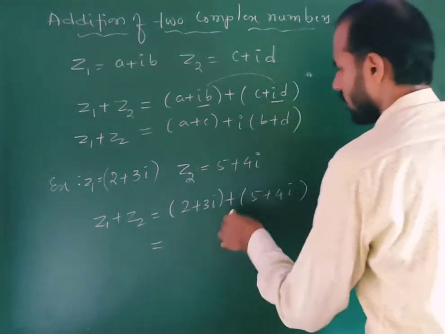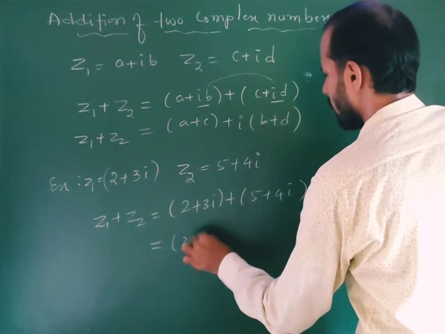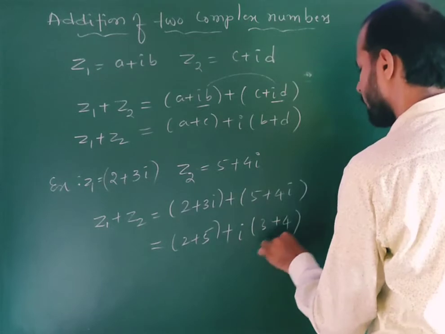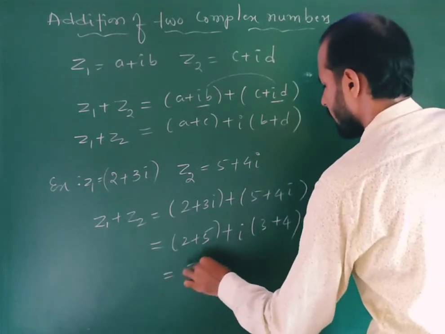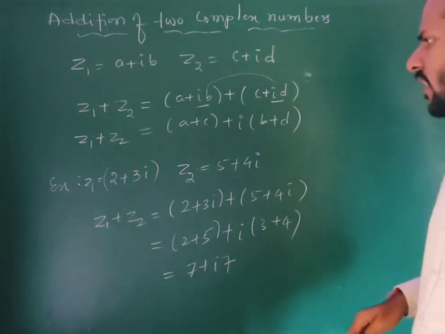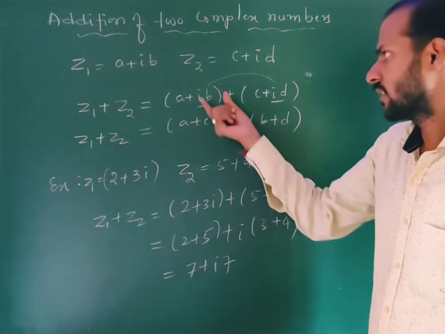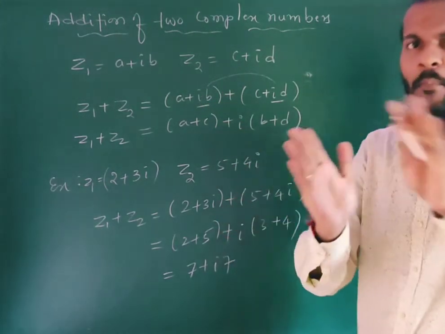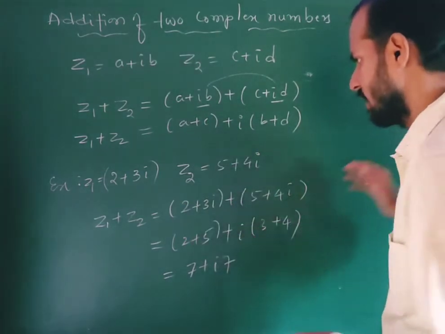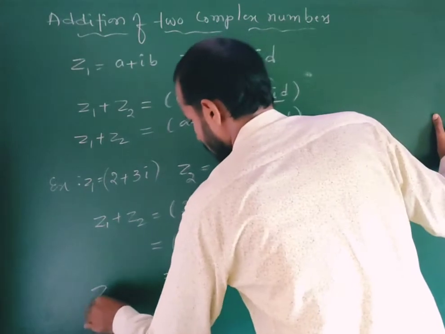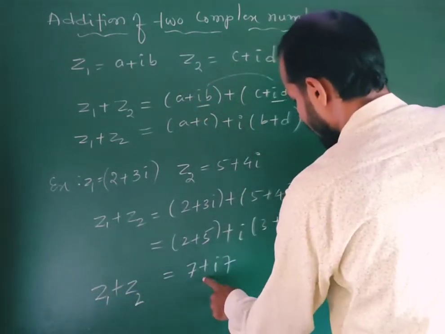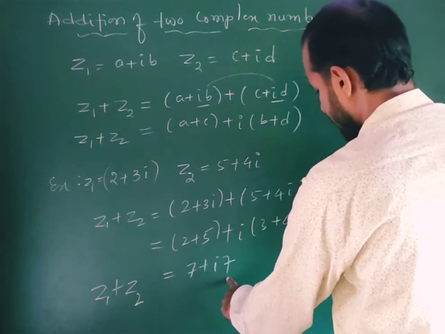Now take the real part one side: 2 plus 5, plus i is common, 3 plus 4 inside, right? 2 plus 5 is 7, plus 7i. What we have done here is just adding the real part one side and the imaginary part other side, right? Therefore Z1 plus Z2 equals 7 plus 7i.